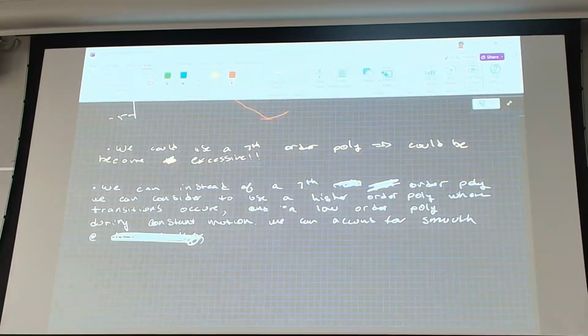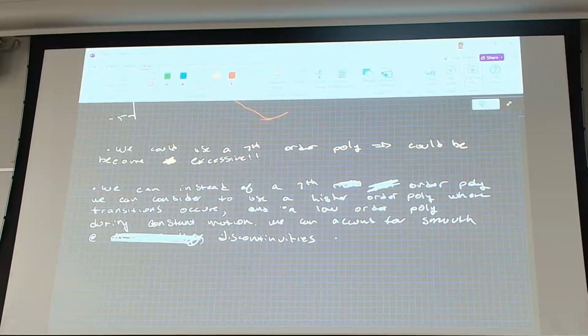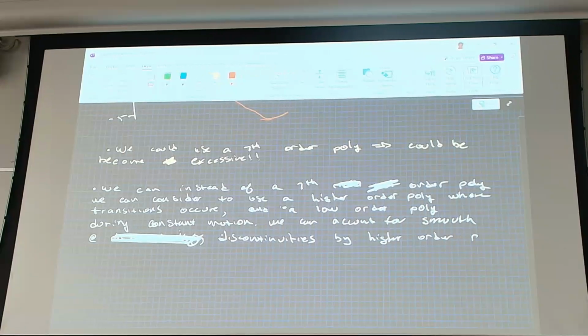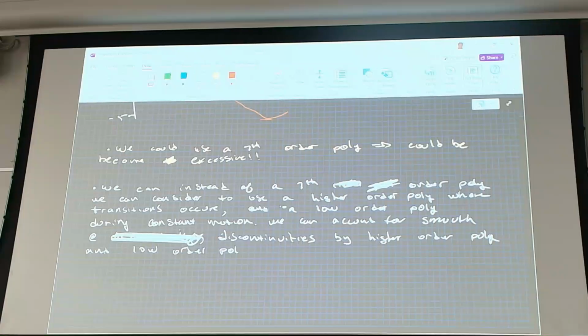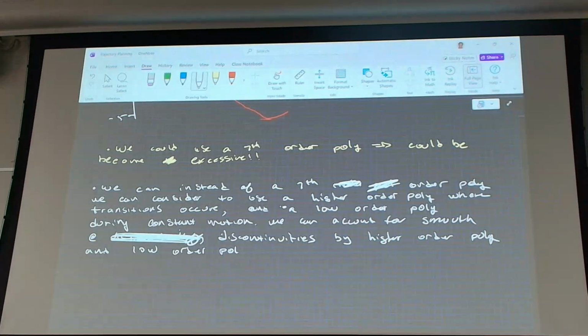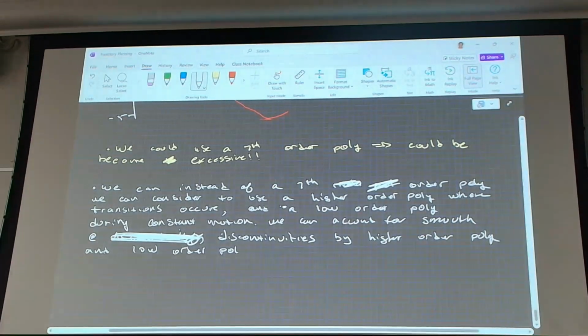I have no idea why my eraser does not want me to erase. This is really frustrating. Discontinuities by higher order polys and low order poly elsewhere. Not the one that's having fun today, all I can say.